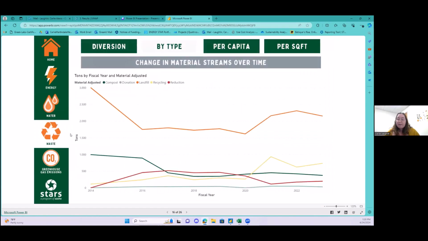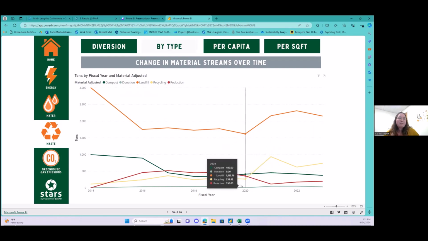We can also look at waste to help answer those waste questions that we had. We can see how many tons of each material each fiscal year, like where are these things going? So this line is for landfill. It's much higher than the rest, which is to be expected. But we can also see where our recycling efforts have really begun to pick up when we've introduced new recycling programs.